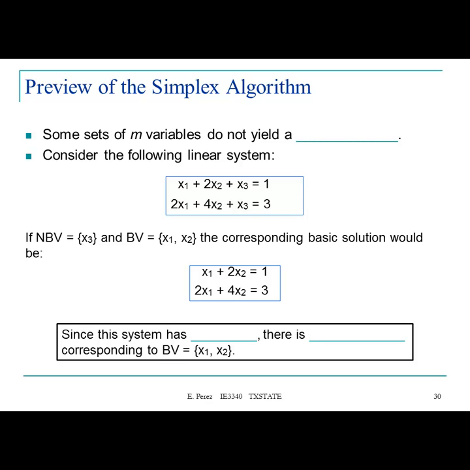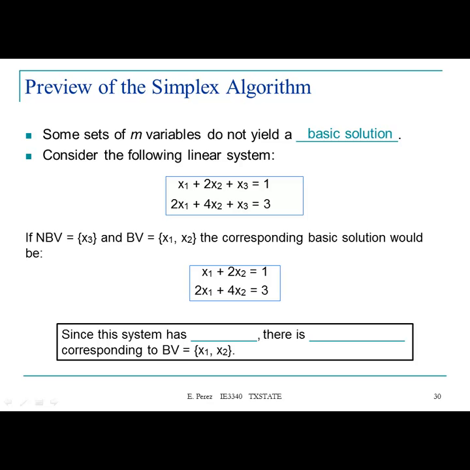Now, some sets of n variables do not yield a basic solution. So if we consider the following system, if we let the non-basic variable be x3, then we're going to have x2 and x1 as our basic variables. So x3 is going to be 0, and we end up with this linear system of equations.